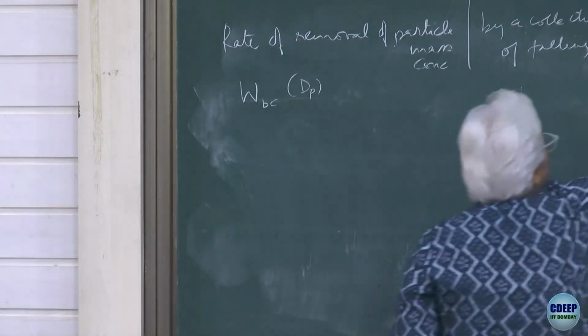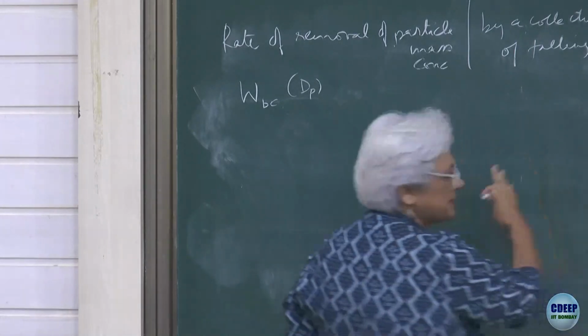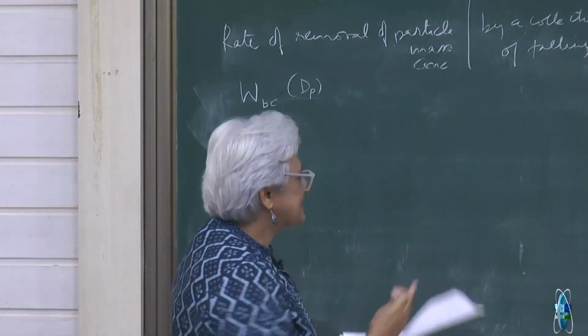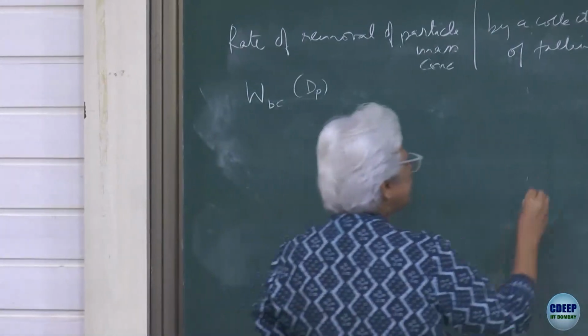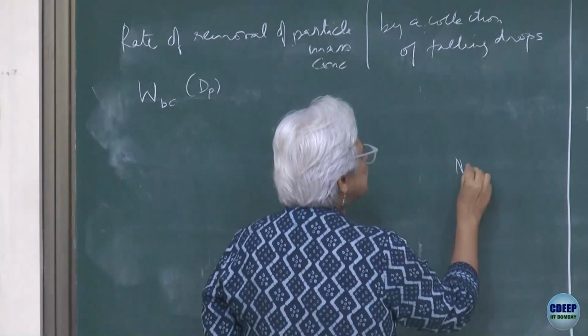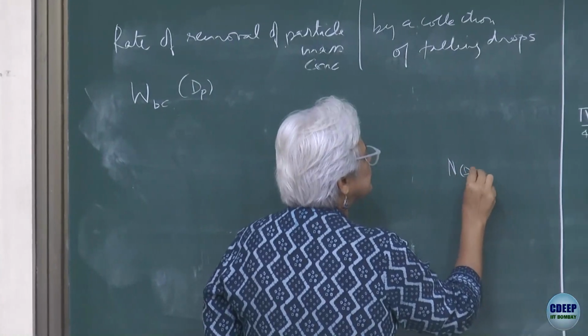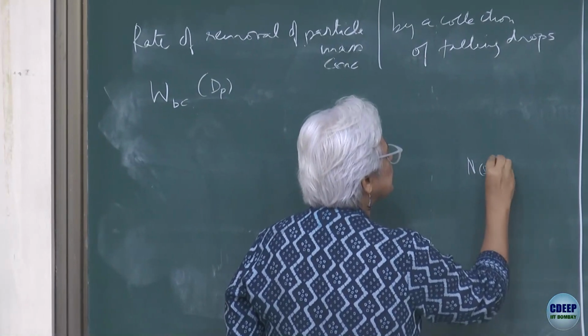Since this is going to be mass concentration removal, let's start with the collection of drops. So, I am going to put a wall here and write this expression for you sort of backwards. I can assume that I have a collection of drops.